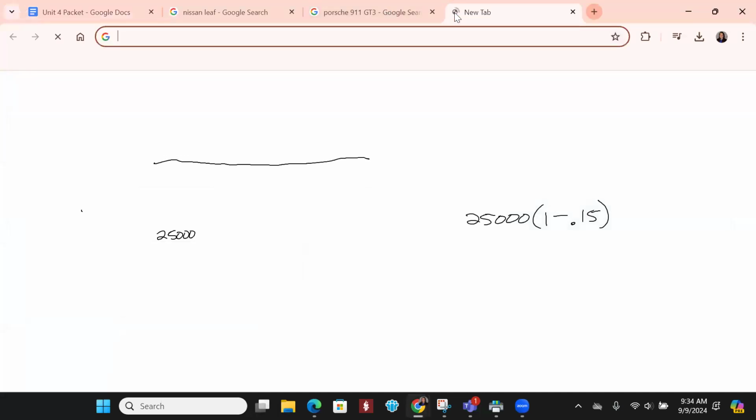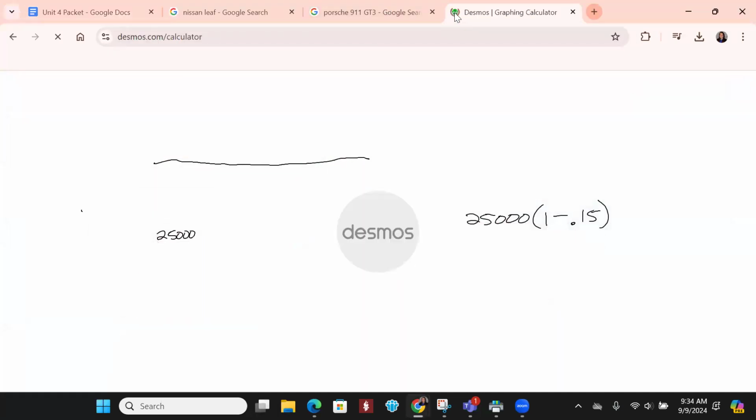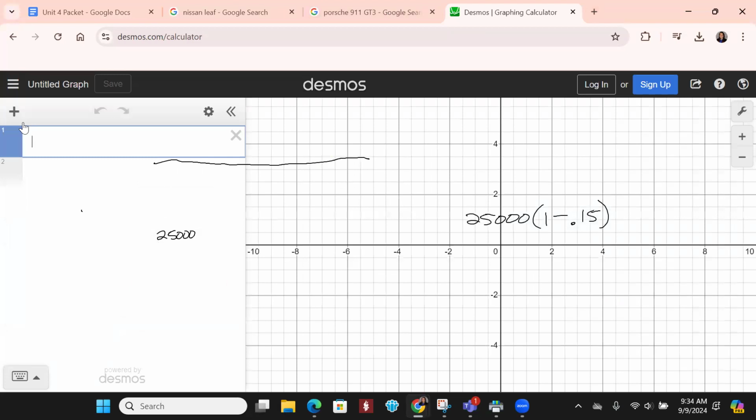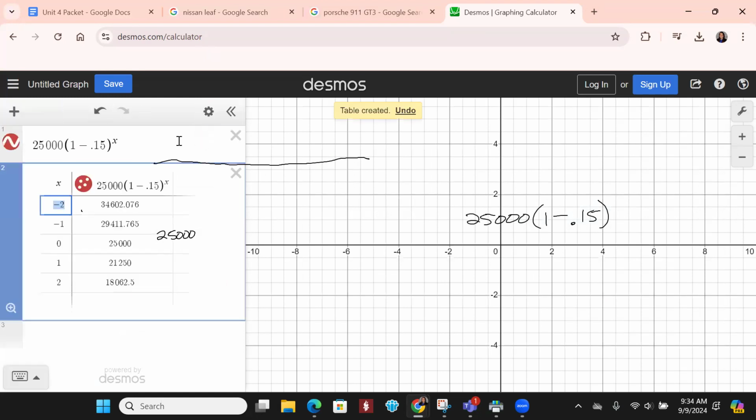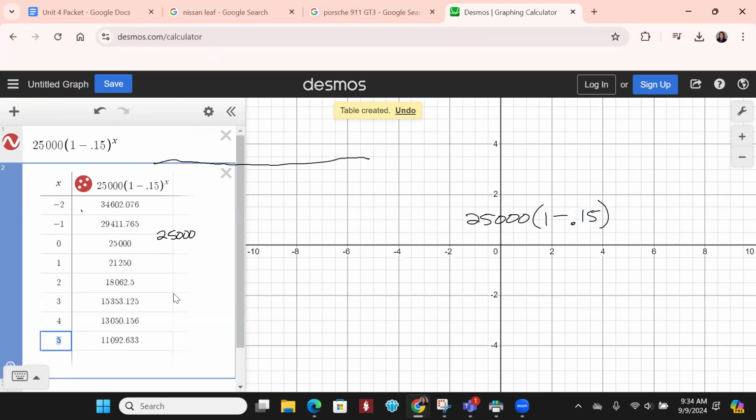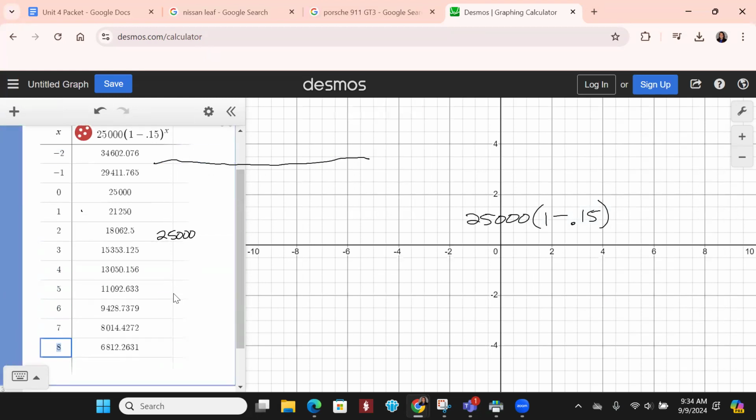Fun fact, Desmos does this for you. So when you go in here, you can type in the formula. Remember, instead of a t, you're going to put x. If you hit this little gear button and hit the table, it'll pull up the table, and then you can enter more years to figure out how much it is.